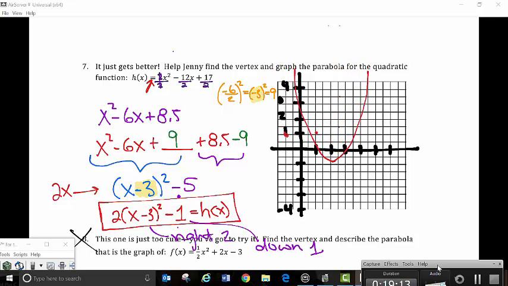Right 2, down 1. But we're still not done because we haven't talked about what this 2 does. Remember, this 2 is going to stretch it. So instead of being over 1 and up 1, we're over 1 and up 2. 1, 2. So it's going to be skinnier. This purple parabola is actually the graph of this equation right here.